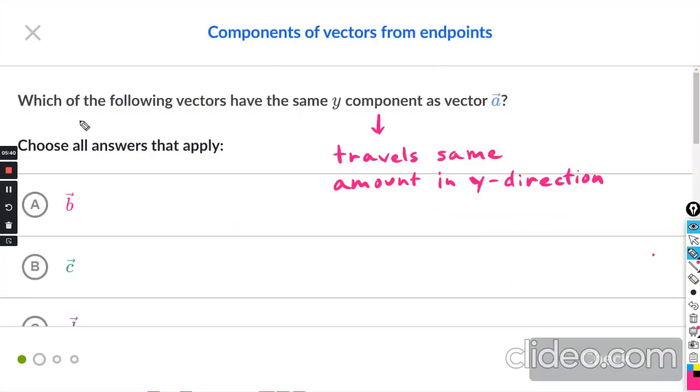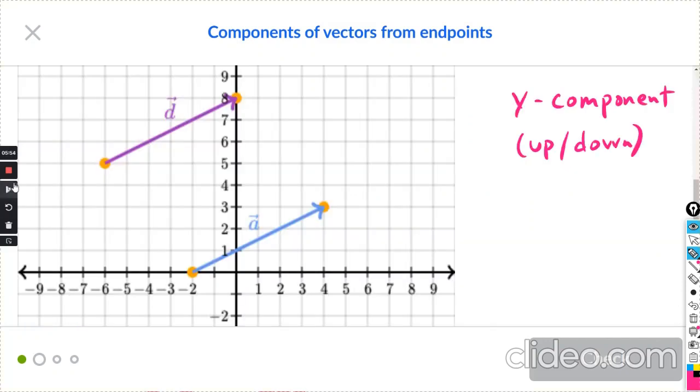Here they want to know which of the following vectors have the same y component as vector A. So that would mean that the vector travels the same amount in the y direction. Let's take a look. The y component is how far up down the vector travels.